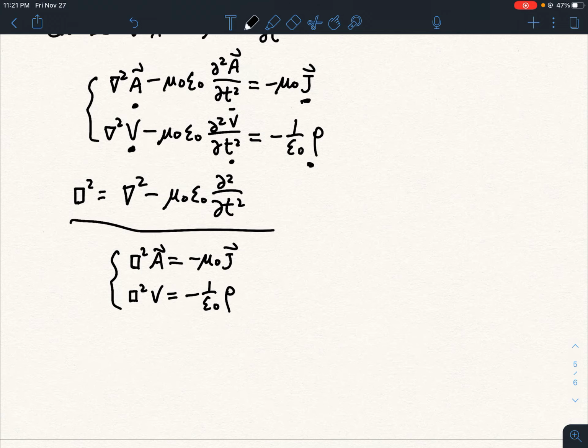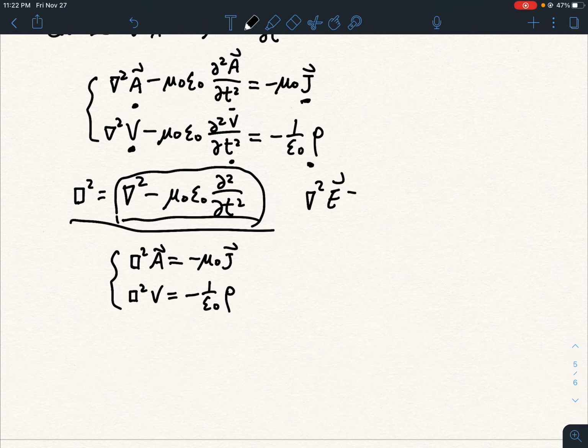One very important thing from this picture: you can see that V and A are really treated on an equal footing. Their equations are very similar to each other. And the left side is the wave equation operator.